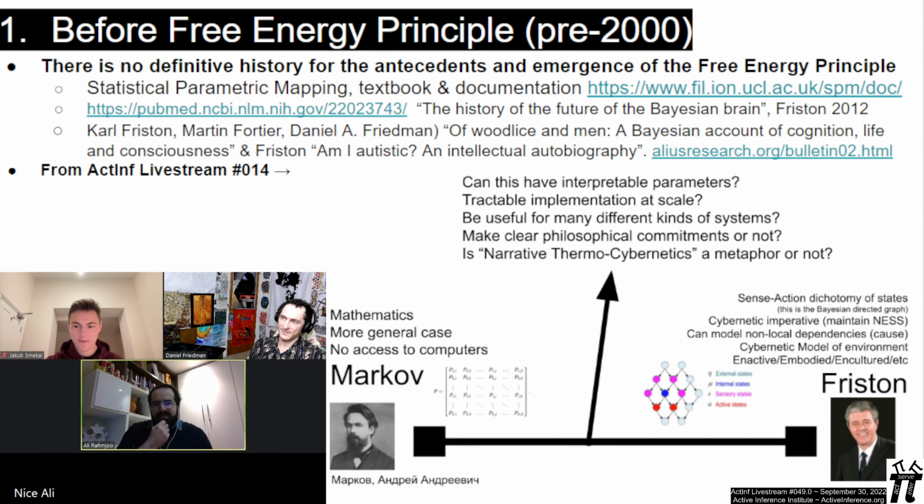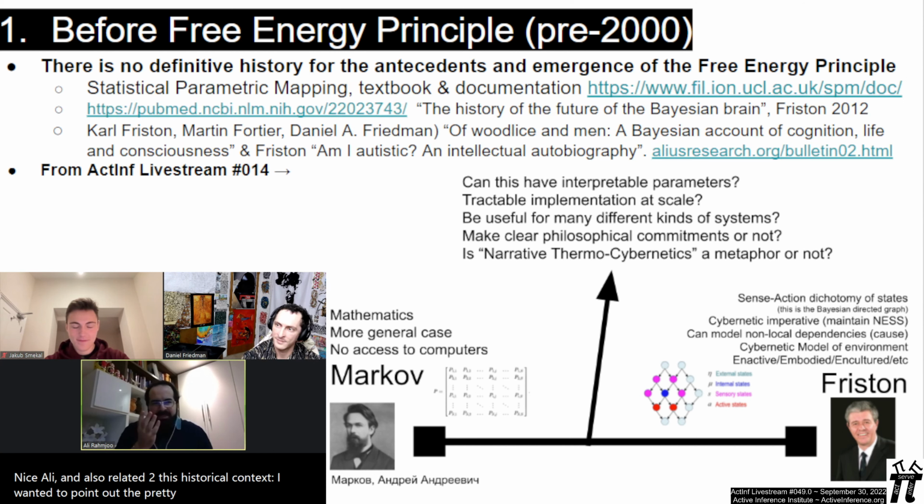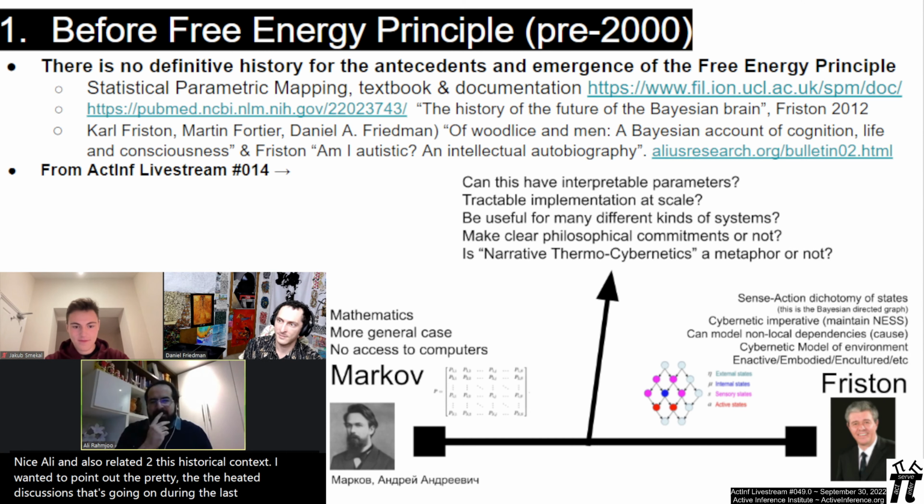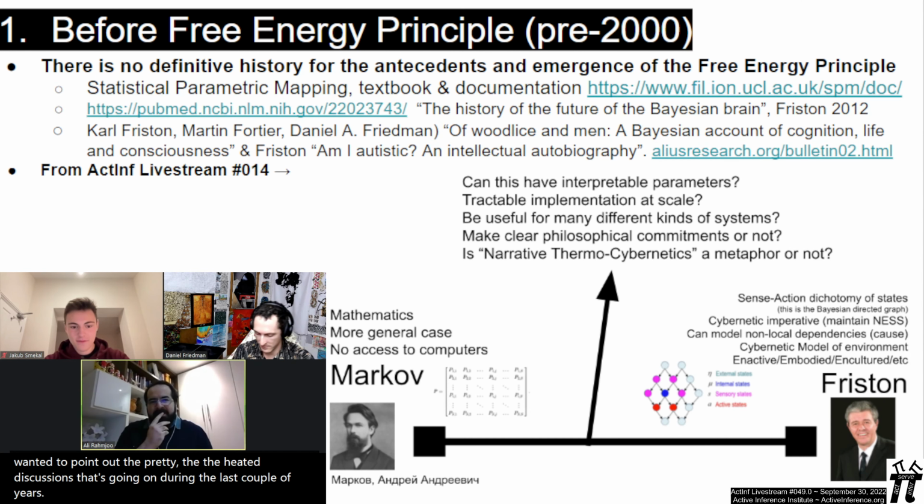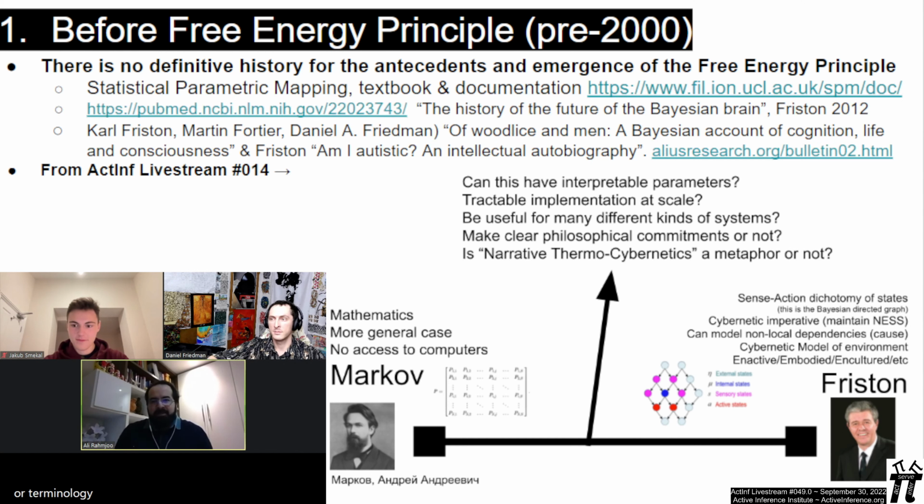And also related to this historical context, I wanted to point out the heated discussions that have been going on during the last couple of years about the use of some established vocabulary or terminology in active inference or FEP literature, one of which is using the Markov blanket in a kind of different context.